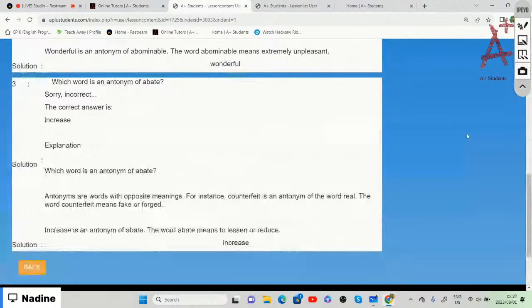Remember, we said antonyms are opposites, opposite meanings. So if abate means to lessen or reduce, then what is increase? The antonym of abate is to increase, because abate means to lessen or reduce.